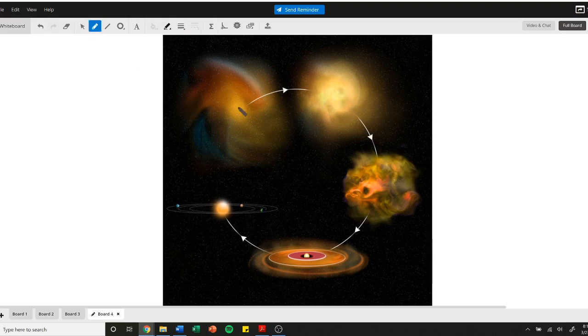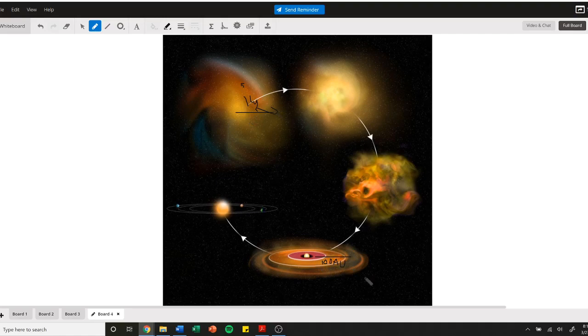Even if this, which is 1 light year across, had just a tiny rotation, as that collapses down into the size of our solar system, which is only 100 AU, astronomical units, much, much smaller, several orders of magnitude smaller.